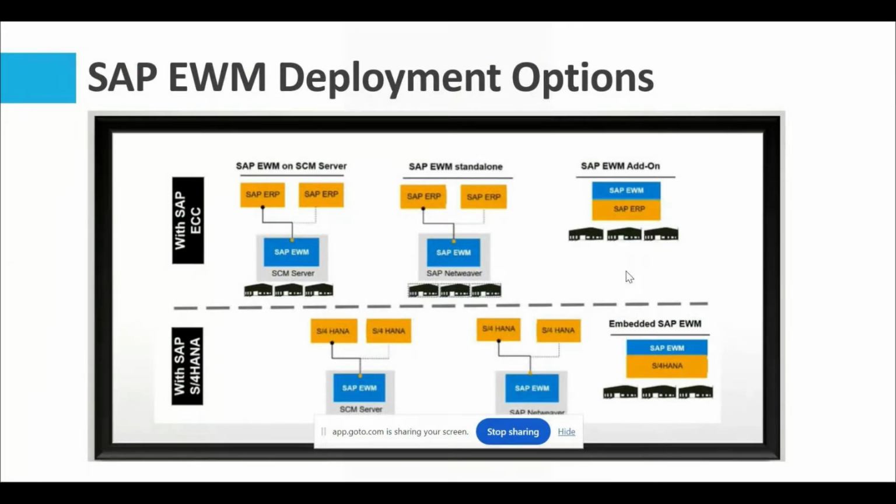In the embedded world, we will not have this inbound delivery notification document created, which is usually a duplicate document there. But when we are in the decentralized landscape, we will have this inbound delivery notification document created as soon as the delivery is distributed to the EWM system.